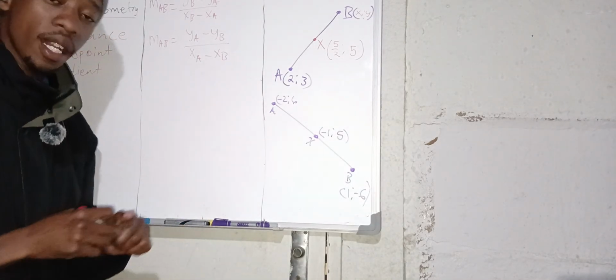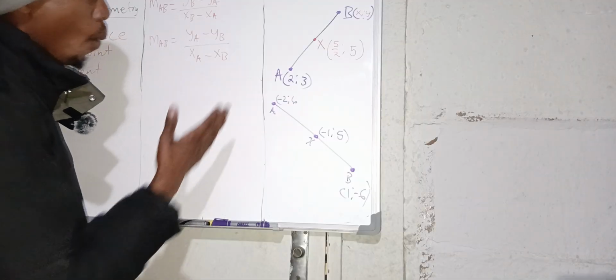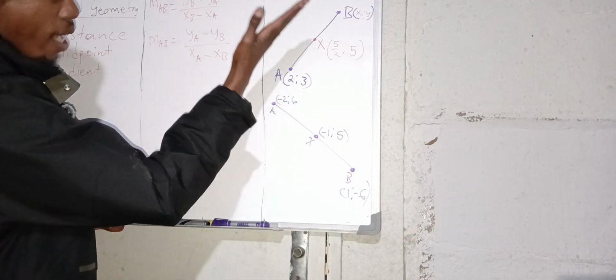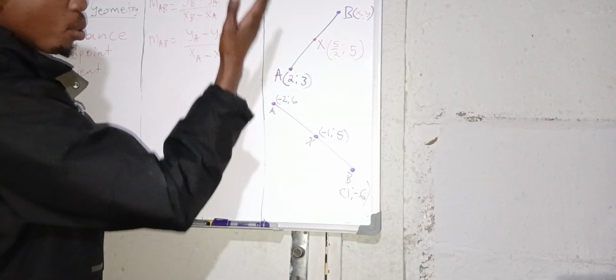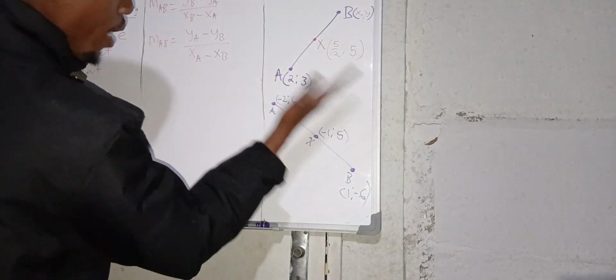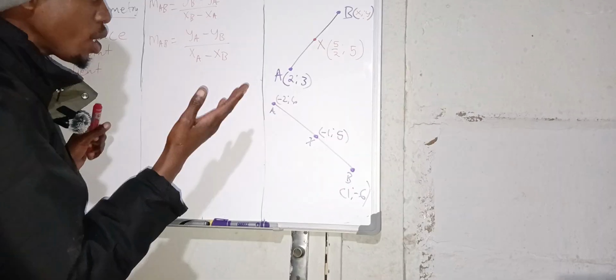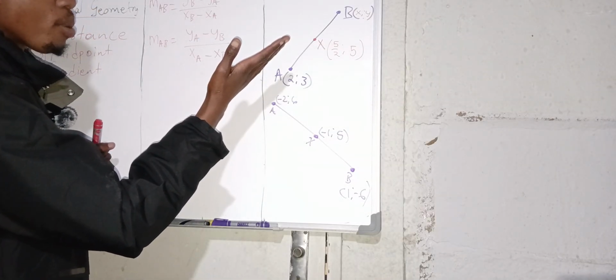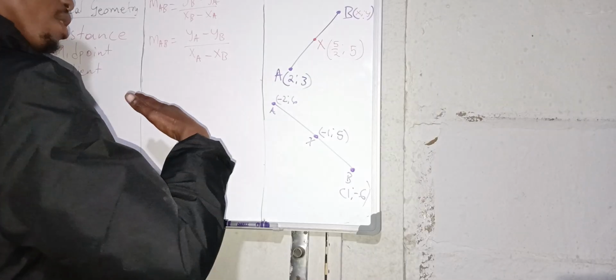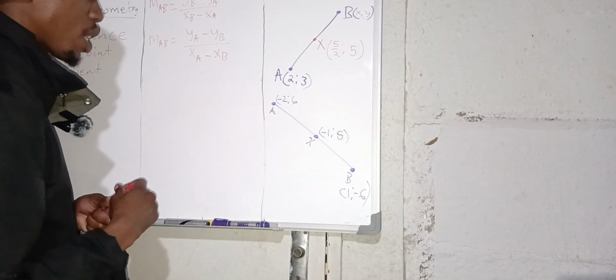There's something I want to tell you about the gradient. When the line is slanted like this, the gradient has to be positive. But if it is slanted like this, the gradient ought to be negative.